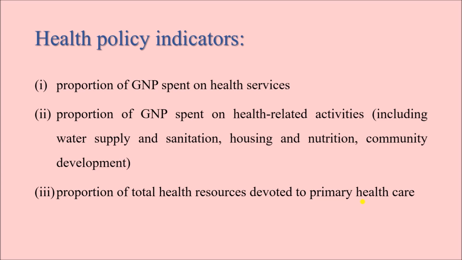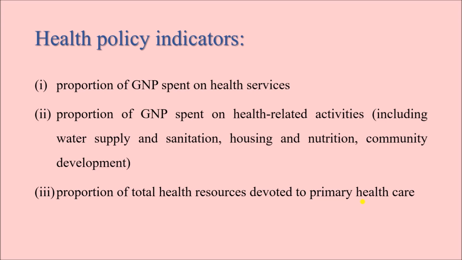health related activities. For example, water supply and sanitation, housing, nutrition, community development. So these are not directly related to health services, but they are obviously health related activities, because a safe water supply, provision of sanitation, provision of nutrition, and also community development will ultimately help to improve the health status of the community.